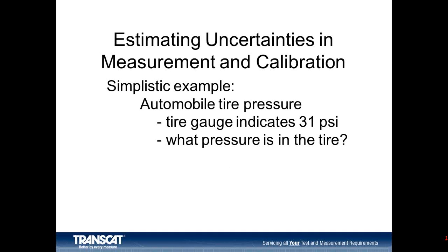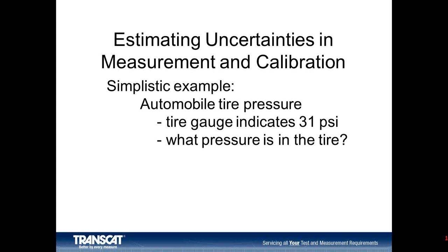First, a simplistic example. Perhaps this morning you went out to your car and you noticed one of the tires looked a bit low, and of course the radial tires can be a little deceptive. So you check the pressure with your tire gauge, and it indicates 31 psi.